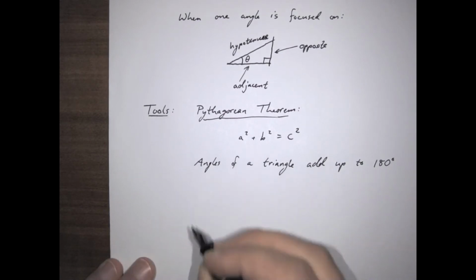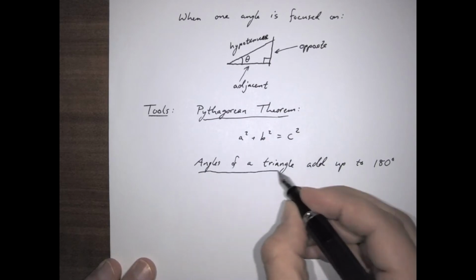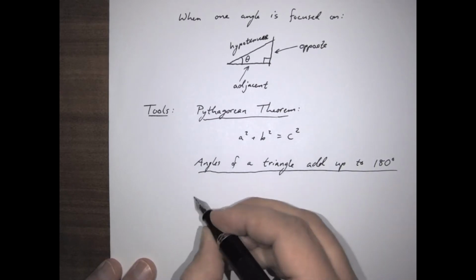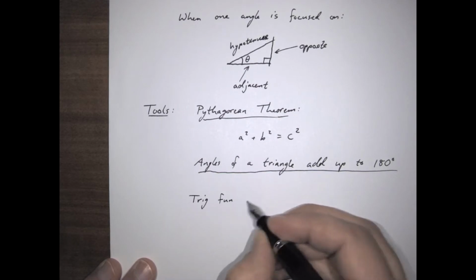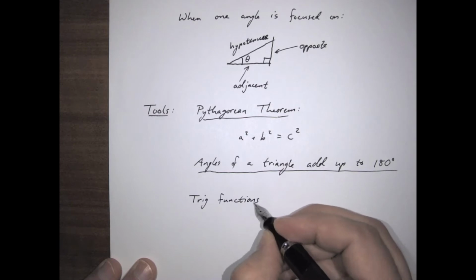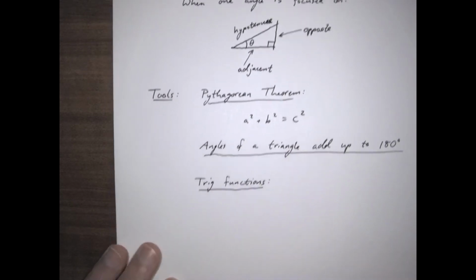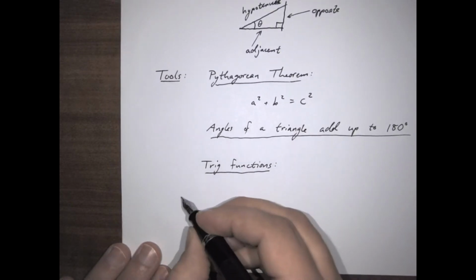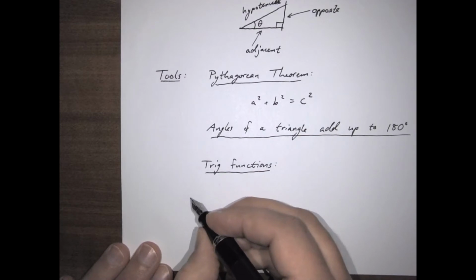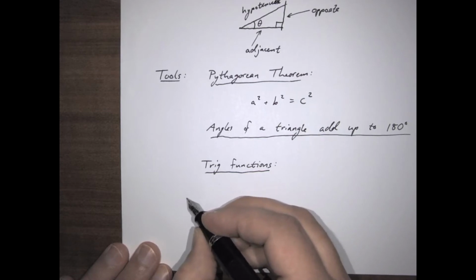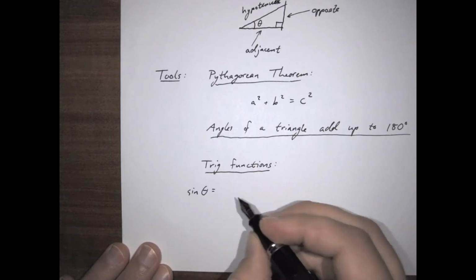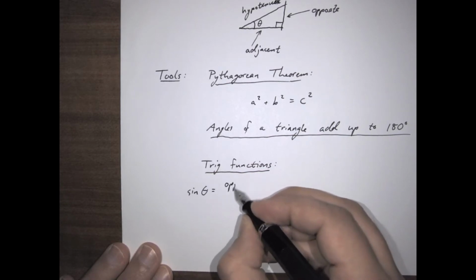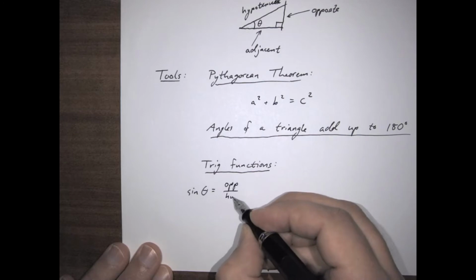And then the last tool that we're going to use will be the trigonometric functions. The way those are defined in terms of the triangle is basically the same as in a circle, just now using triangle language. So sine theta is equal to the opposite over the hypotenuse.